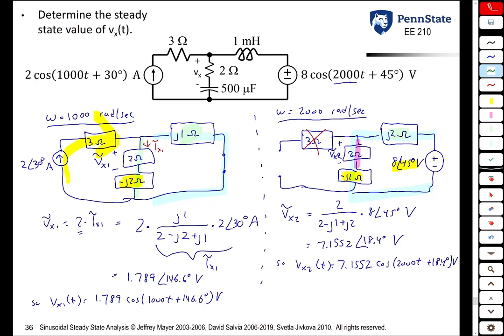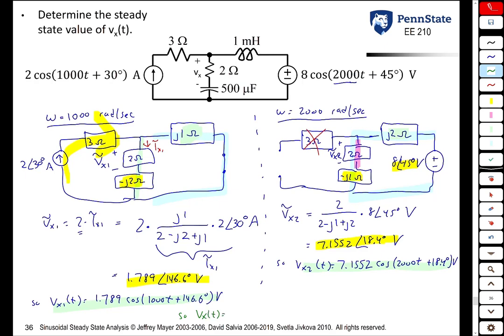Finally then, we put these together, and once again, we're not adding this term and this term. Instead, we're adding this term and this term.